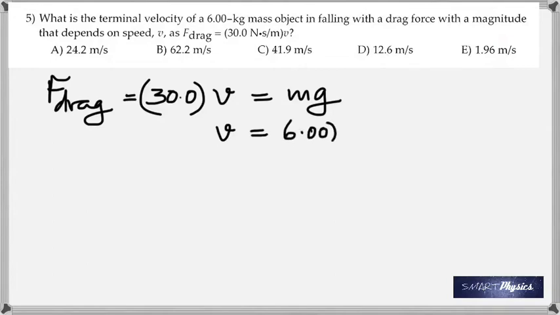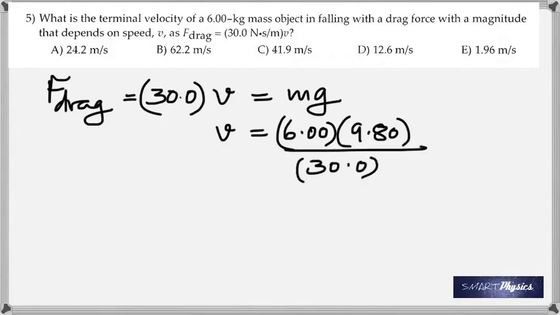And therefore from there, mass is 6 kilograms, g is 9.80 divided by 30, and 1.96 meter per second is the terminal velocity.